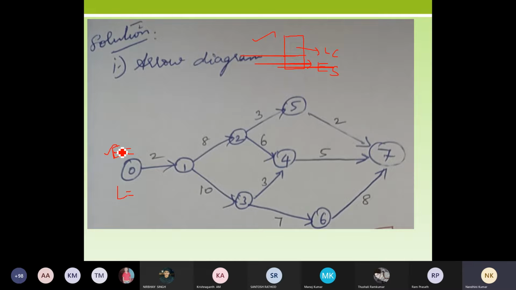So now we are going to calculate the early start and latest completion time. So can you all start calculating it? You know the network diagram, you know how to calculate your early start. So we always start with our 0th activity and then we'll be completing with our 7th activity. So this is the start and this is the end.